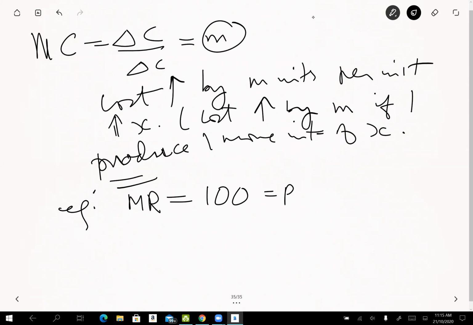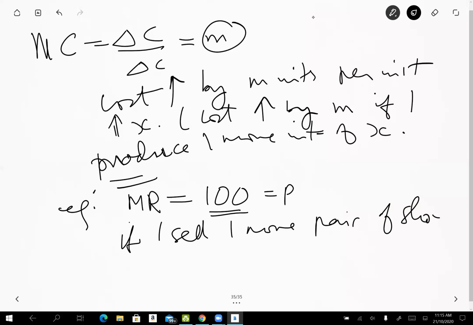So marginal revenue is the increase in your revenue per unit increase in the sale of your product. If I sell one more pair of shoes, then our revenue would increase by 100 RM, which is exactly the price of the good. The revenue will just increase by the price.